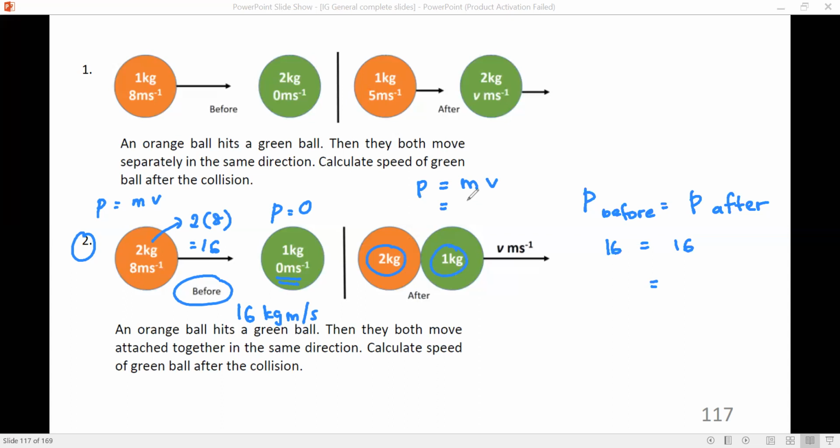Now the mass is 3. We are trying to find v. So 16 is 3v, because before is equal to after. 16 divided by 3 gives 5.33 m/s. This is your velocity. The answer is 5.33 m/s because they are moving together, so knowing this v is knowing the speed of the green ball. This is the final answer.